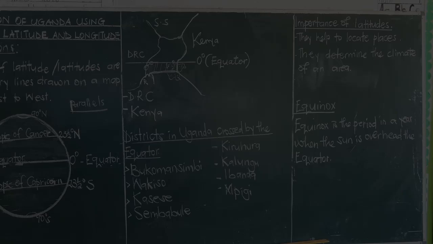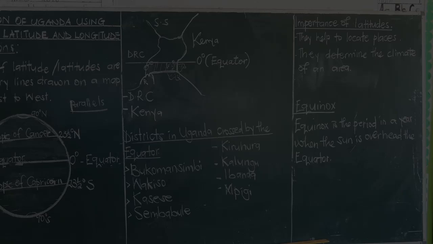Now, remember we have our major line of latitude that we call the equator. When we follow the latitudes, Uganda is found 4 degrees north, meaning that if this is latitude 1, 2, 3, 4 is here, 4 degrees north, and we have 1 degree south, which can be here.